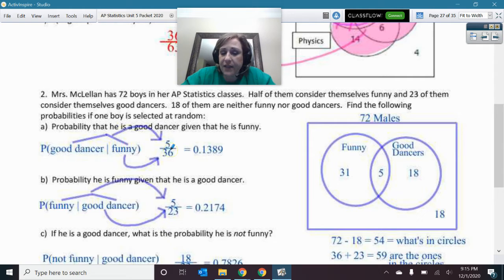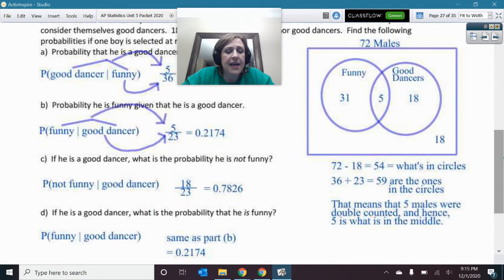Given that you're funny, that's the entire funny circle. The proportion that's the good dancer and funny section is that 5 out of that 31. Now, the probability he's funny, given that he's a good dancer. That's given that he's a good dancer, so the denominator is 23, and the 5 on top of the 23.